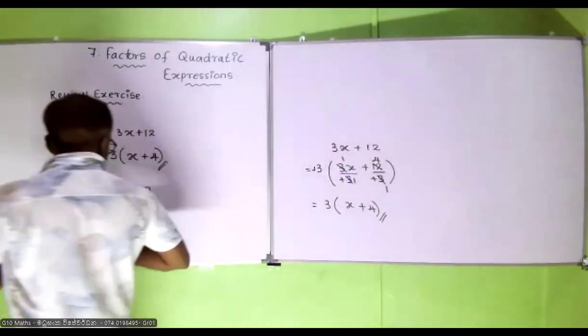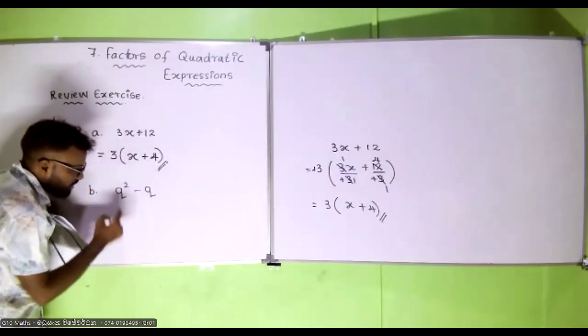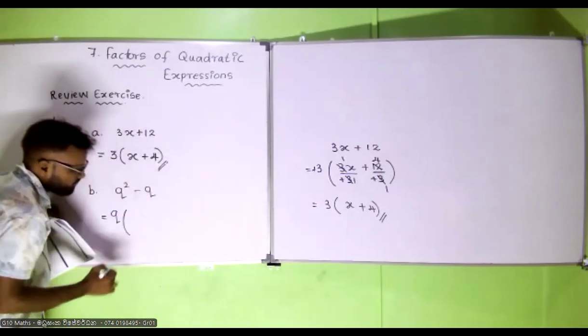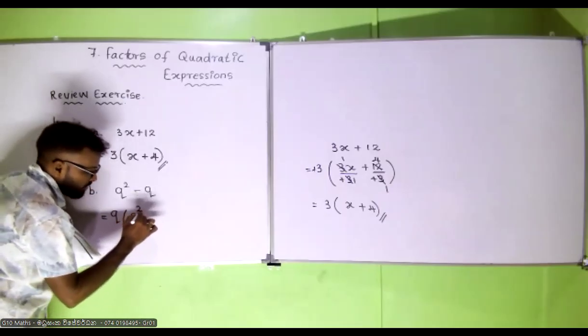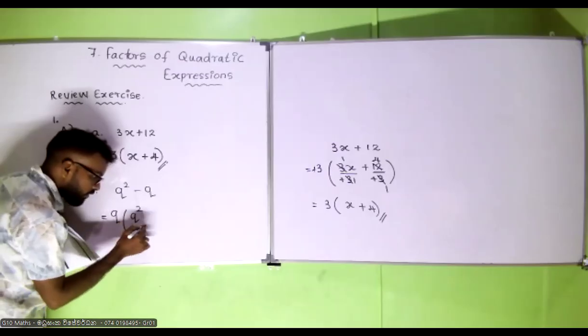So I will do it from scratch. I am going to take positive Q out. So this is positive Q square.